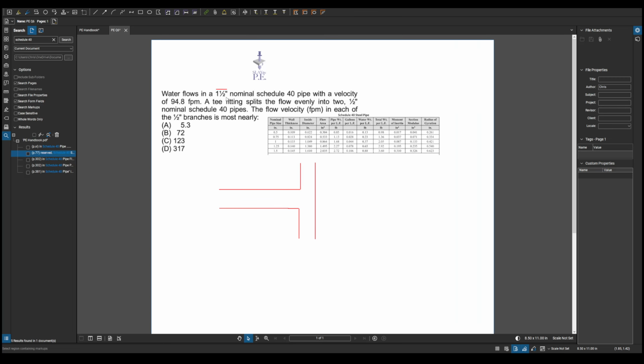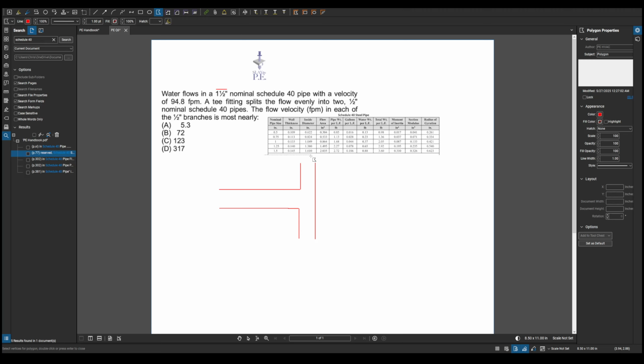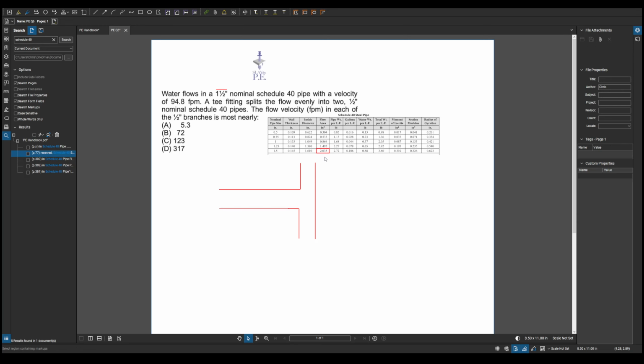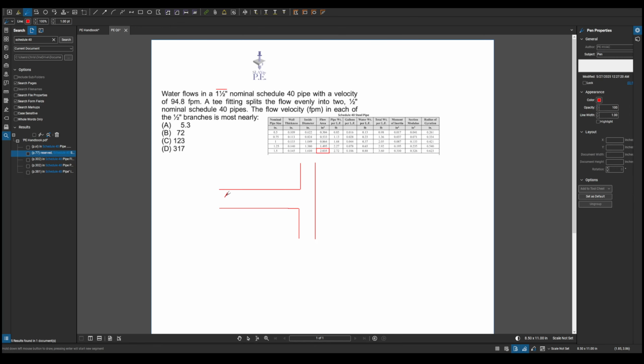So at 1.5 inches, nominal inches, our inside diameter is 1.6. So it's slightly larger than our nominal size. Thankfully, this gives us our flow area, so we don't need to calculate that. So I'm going to put area 1 equals 2.035 inches squared.